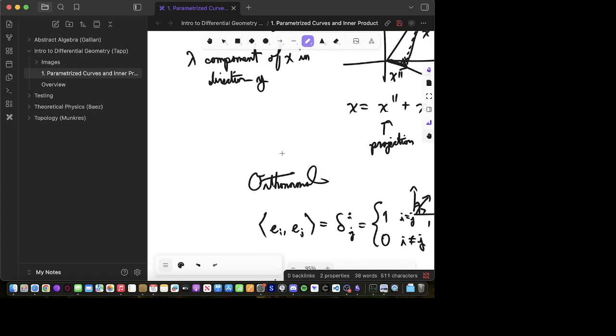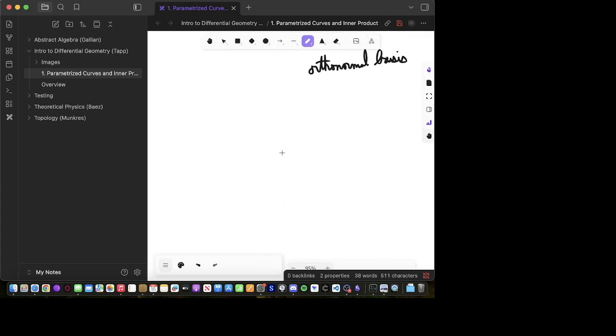Let's move on to another proposition. Let's say we have two curves, gamma and beta, from I to R^n.